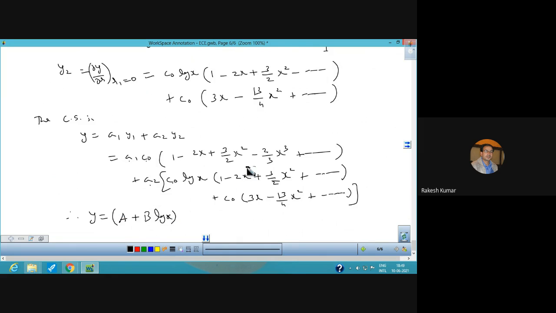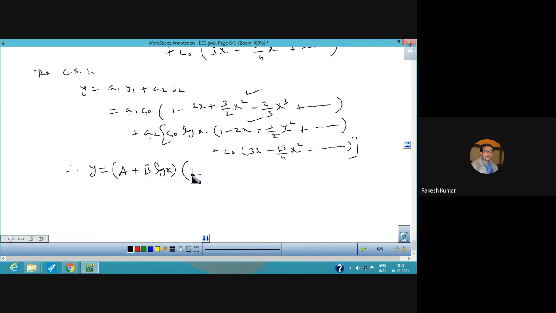And you just see this bracket term and this bracket term is the same, so it can be taken common. So we shall have 1 minus 2x plus 3 by 2 x square minus 2 by 3 x cube plus so on.